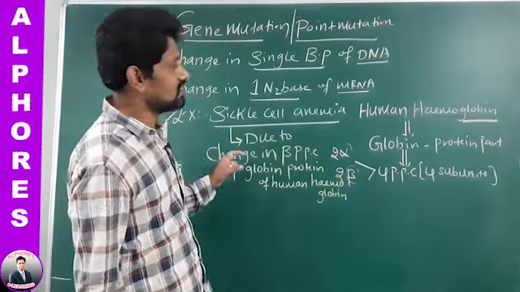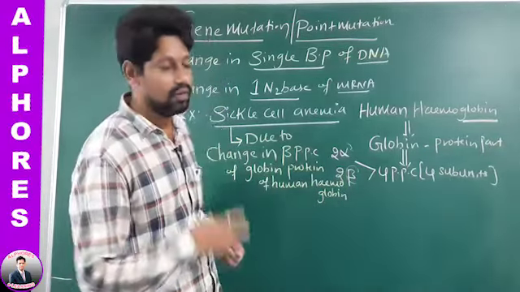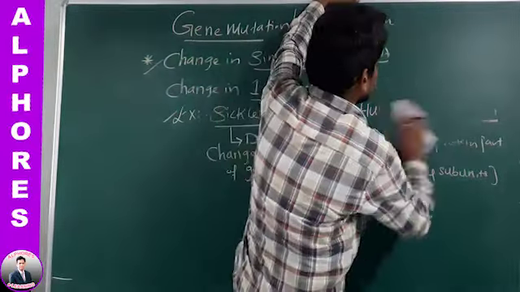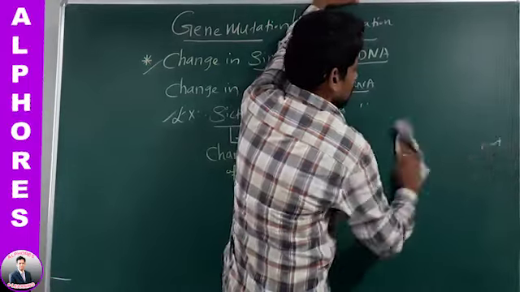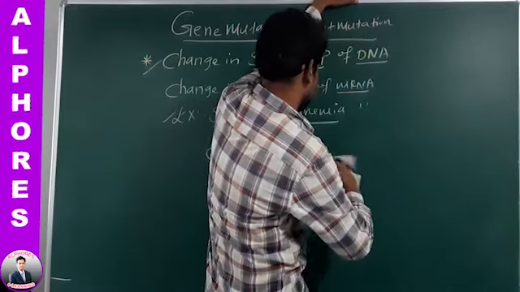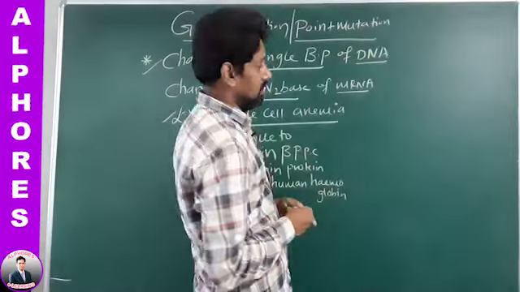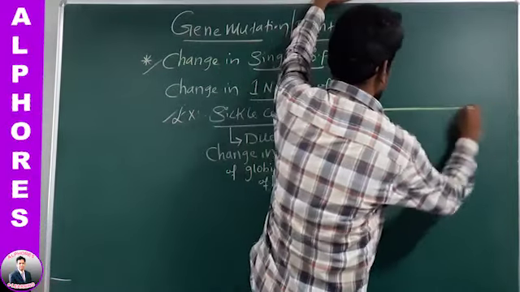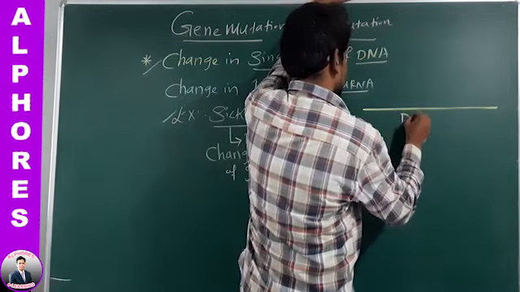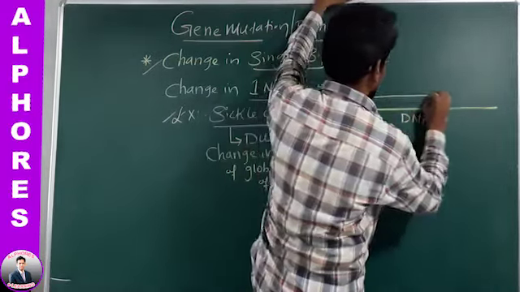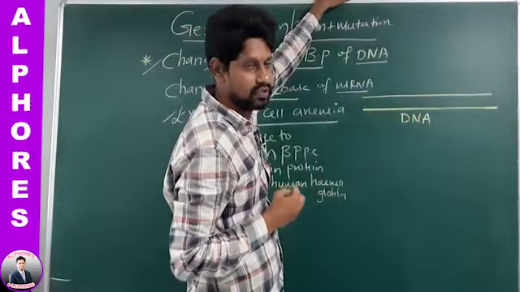How has this change arisen? See here. For example, this is a DNA molecule, double stranded, with 2 strands.